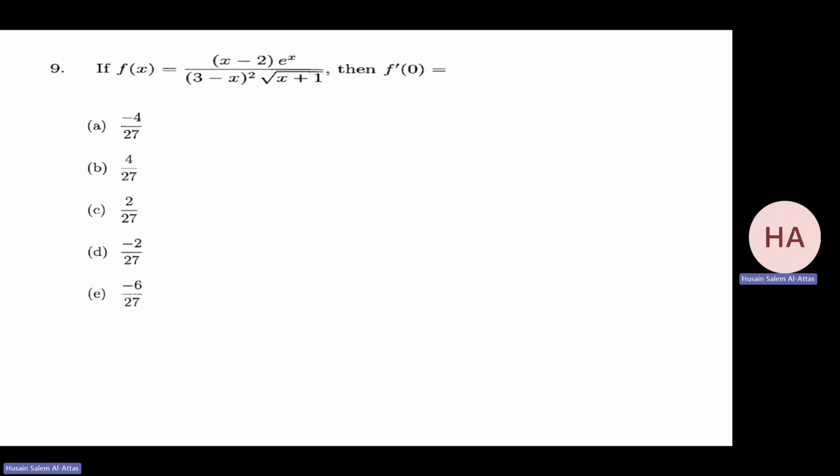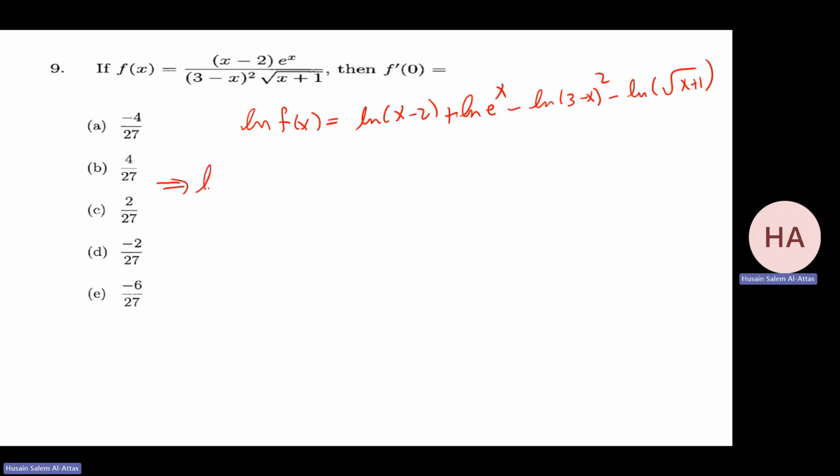Logarithmic differentiation, I'm doing here. ln f of x equals ln x minus 2 plus ln of 3 minus x squared minus ln of the square root of x plus 1, which is x plus 1 to the power half.